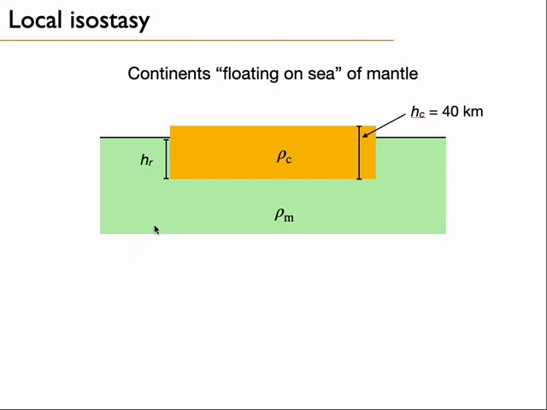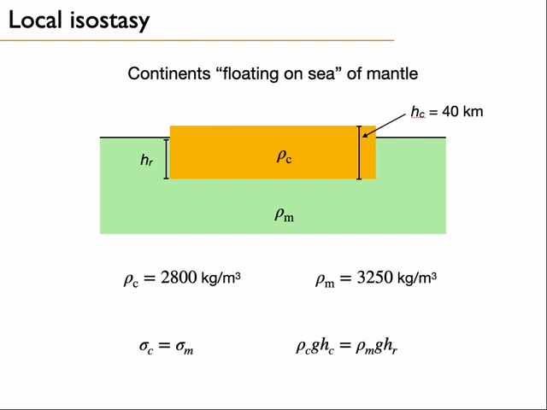We have the sea of mantle, so the green material here has density of mantle, rho m, and we have a yellow block here that sticks out, and it has density of crust. Now we use the mean thickness of crust of 40 kilometers, so we know this thickness here, and there's going to be this thickness HR, and we will try to compute basically the difference of altitude between this point and this point.